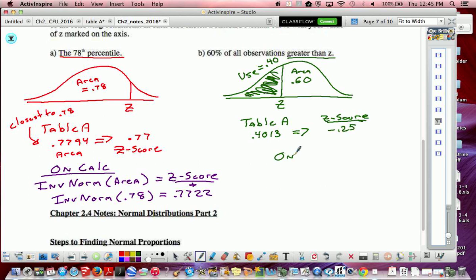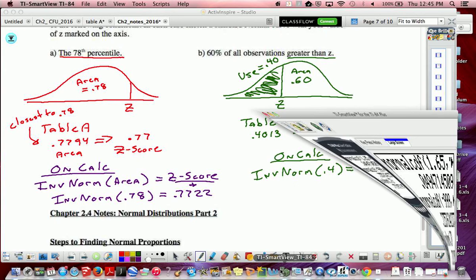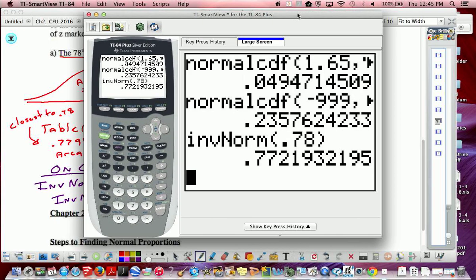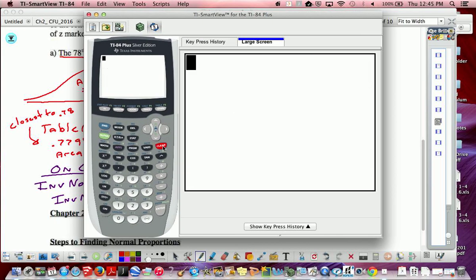On the calc, you'll probably like the calculator a lot better. You're just going to go inverse norm of 0.4. Are we going to have the option of doing it either way? Nope, you'll have the option. But if you use your calculator, please make sure, second vars, that you tell me what the values you're putting in.